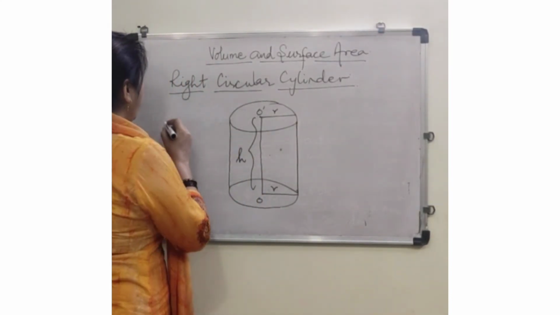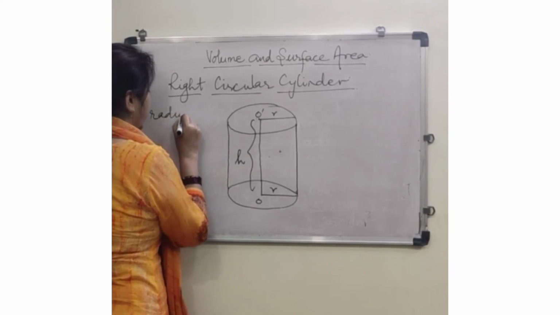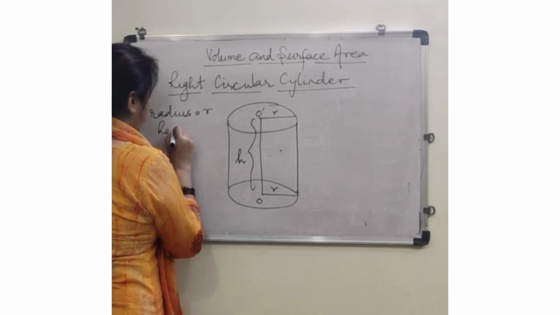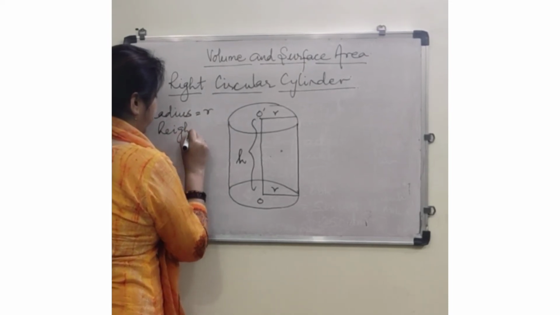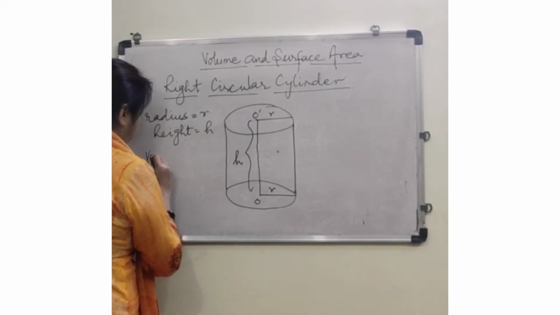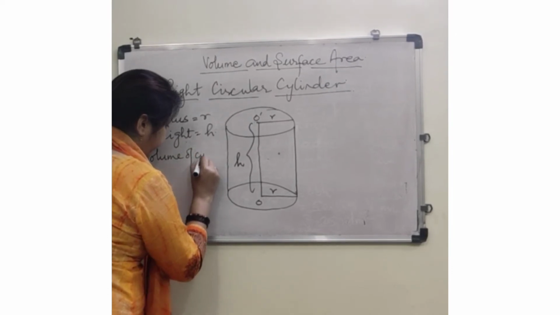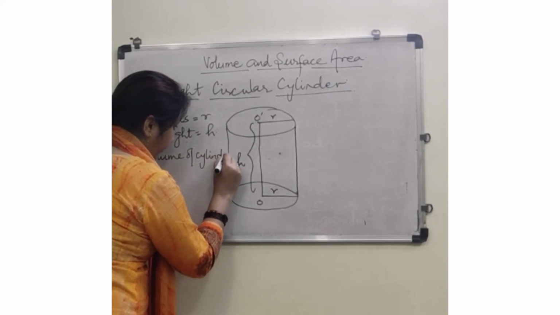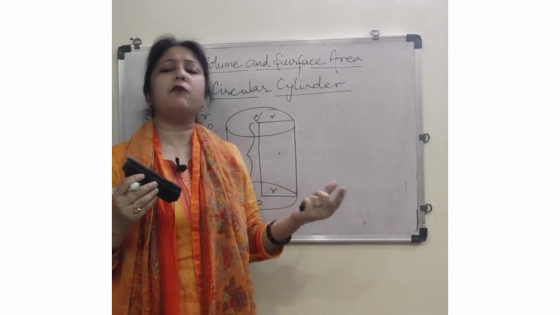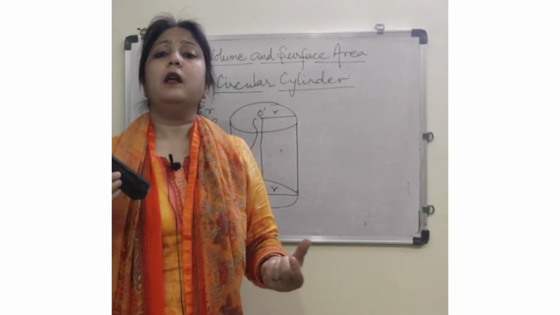So in a cylinder, if the radius is R and height is equal to H, then the volume of the cylinder is equal to, first of all children, I want to ask you, do you know the area of a circle?